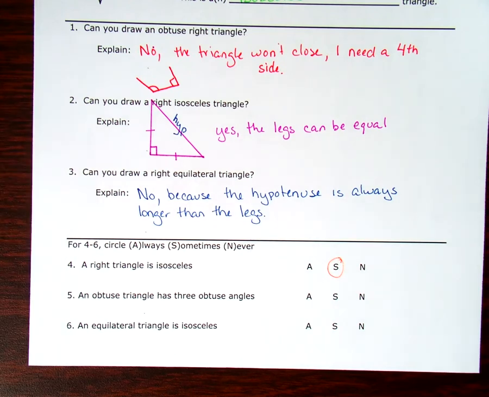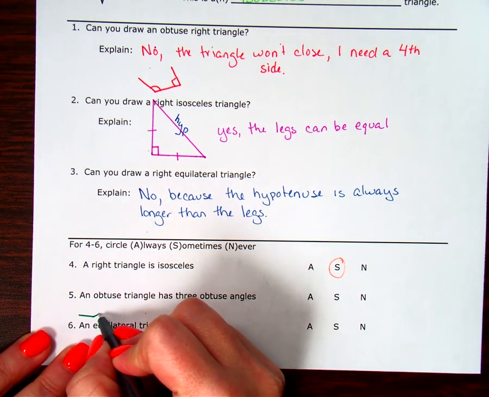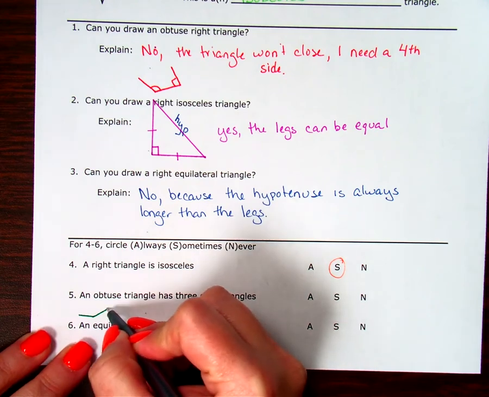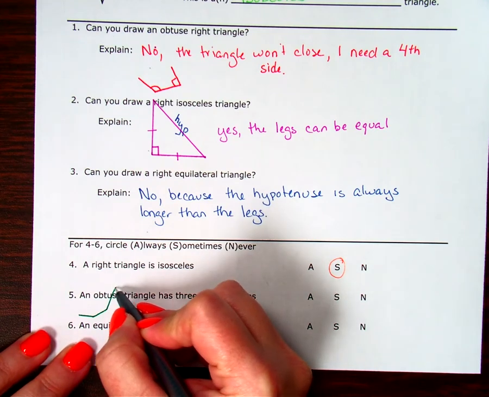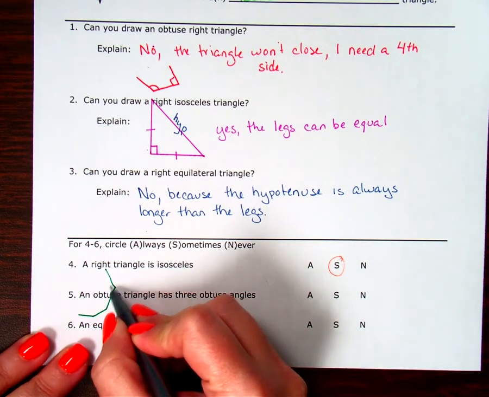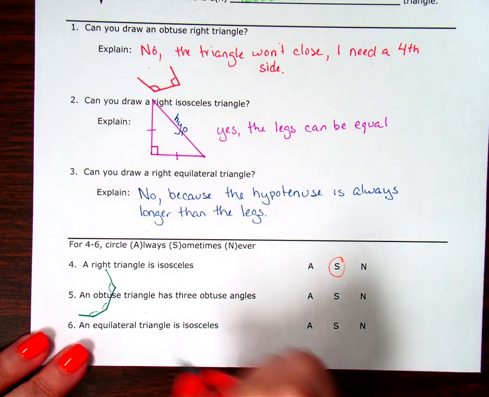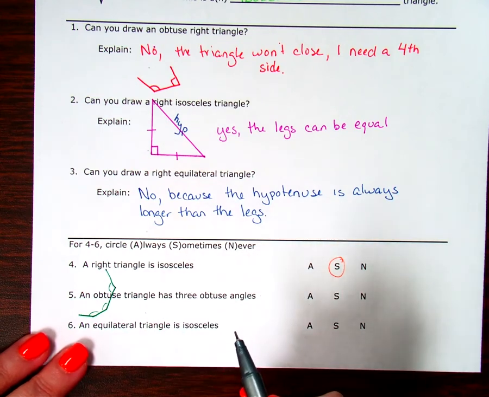An obtuse triangle has 3 obtuse angles. Okay? So if I have an obtuse angle, and then I have another obtuse angle, and then I have another obtuse angle, I can't have 3 obtuse angles and have a triangle. It's not going to close, and I end up with 4 sides, right?